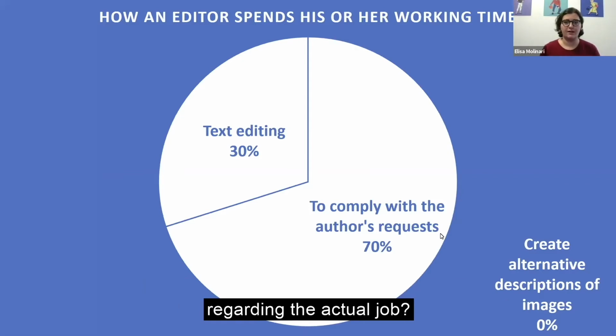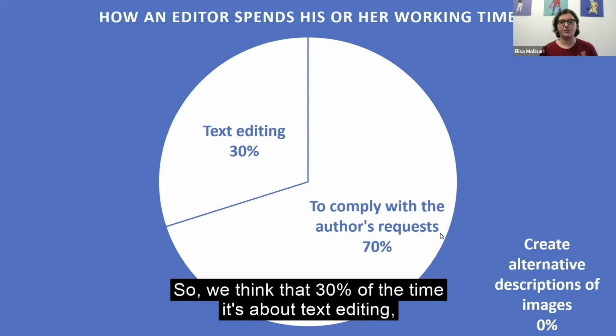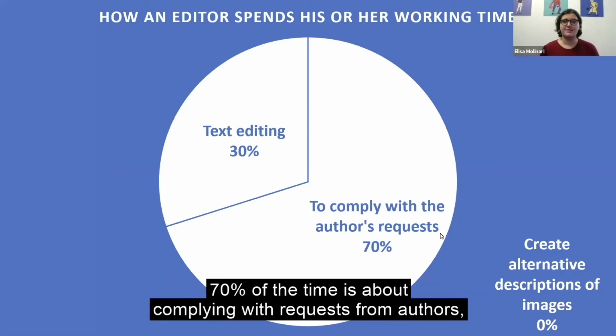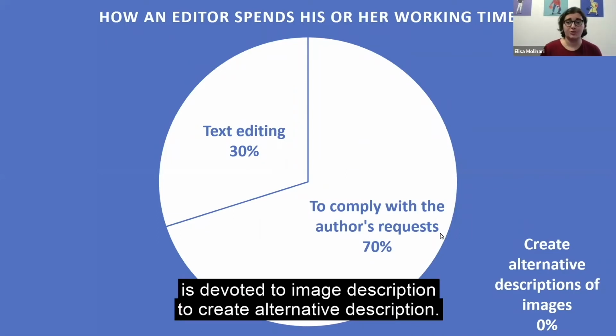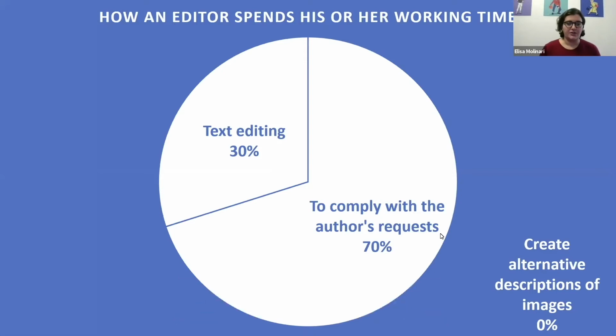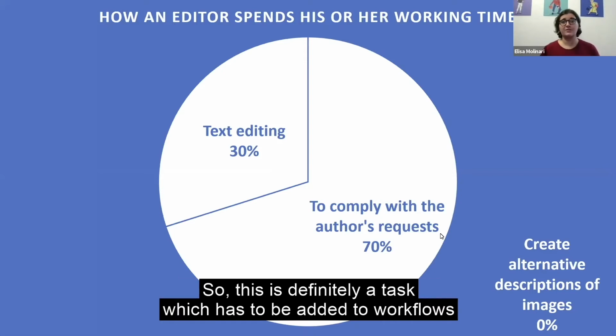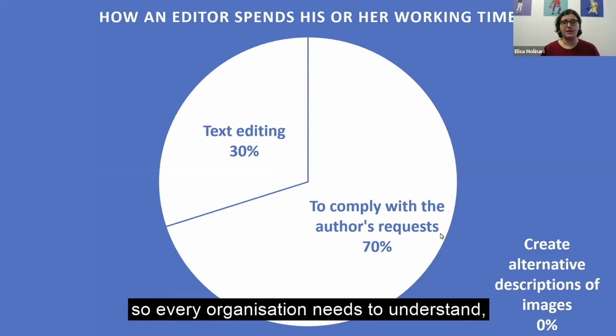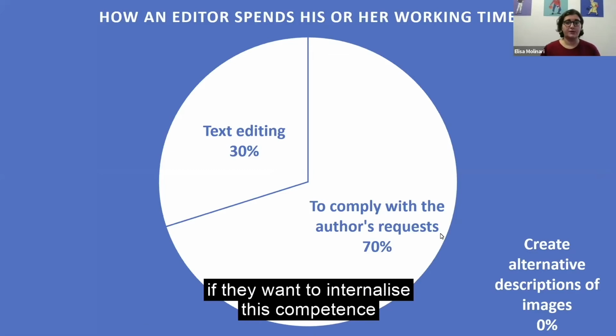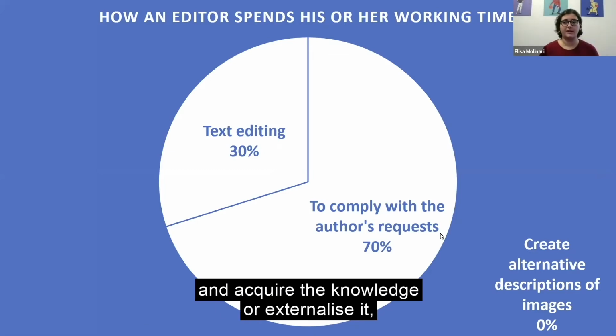We think that 30% of the time is about text editing, 70% of the time is about complying with the requests by authors, and 0% of the time, if you're not accessible yet, is devoted to image description, to creating alternative descriptions. So this is definitely a task which has to be added to workflows which don't feature accessibility yet. And there's no perfect solution which works for everyone. So every organization needs to understand if they want to internalize this competence and acquire the knowledge, or externalize it.